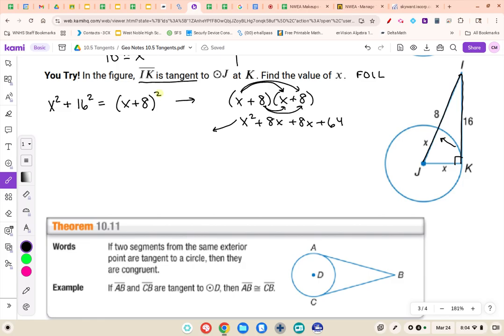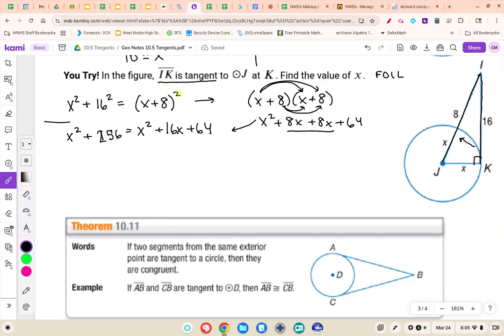Then I'm going to bring it back over and combine like terms at the same time. So I have x squared plus 16x plus 64. Bring this stuff down. x squared plus 256.